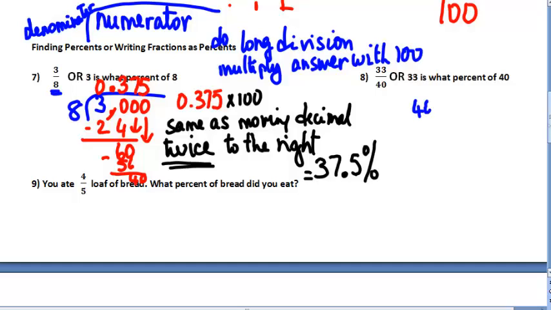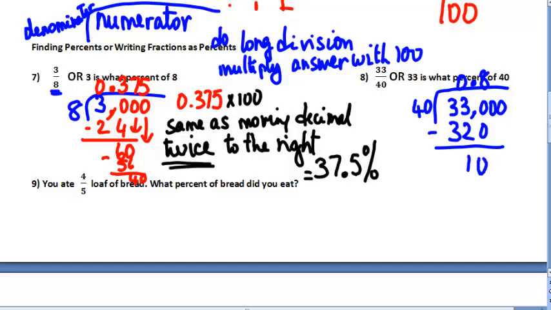Again, I have 33 divided by 40. I know it doesn't go in, so I'm just going to add my zeros. Now you can add as many zeros as you need, and if it's less, you can just continue adding more. Okay, decimal goes right up. That's a 0. 4 goes into 33 8 times, 32. Subtract, 1, bring the 0 down.